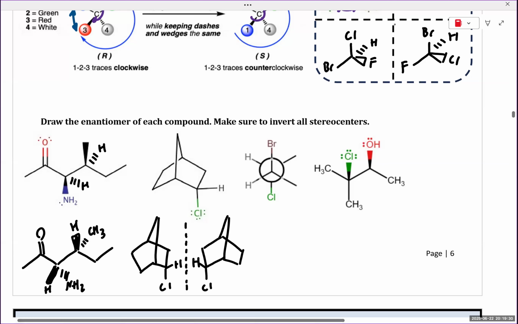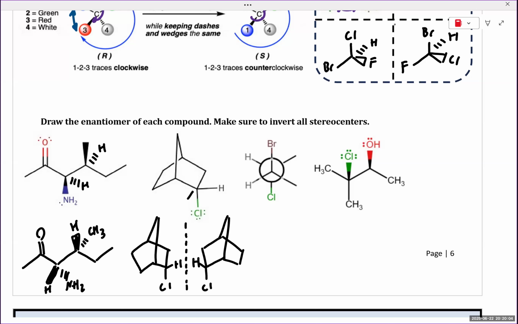If you have a pocket mirror or a mirror in your house, you can try with a model kit or even drawing these structures and looking at your drawing or model kit in the mirror. It's a really helpful way to get used to this idea of enantiomers and mirror images. So in this case, we took our original molecule and reflected it across the horizontal mirror plane.